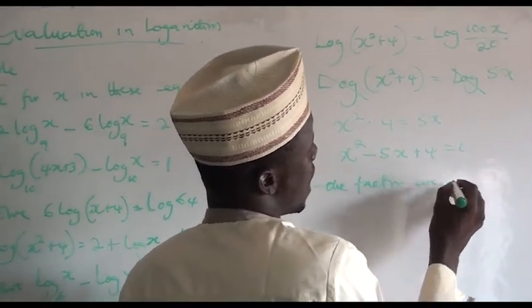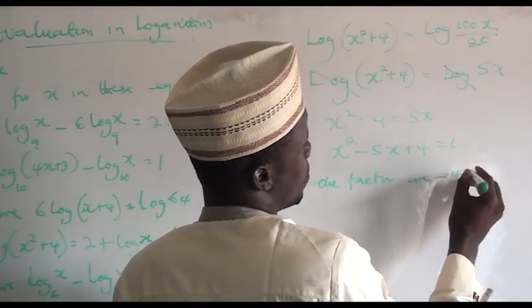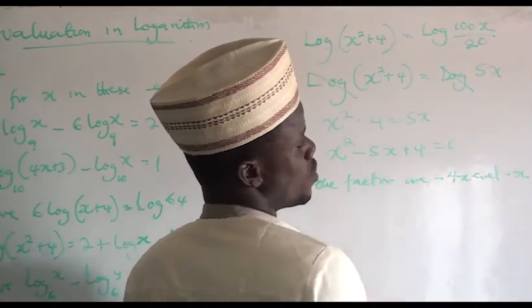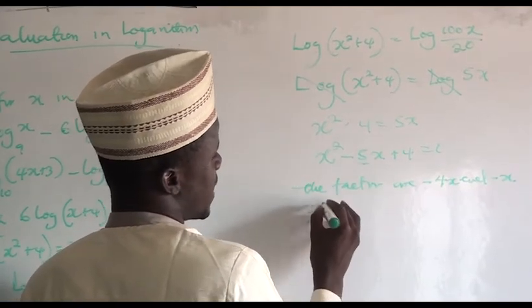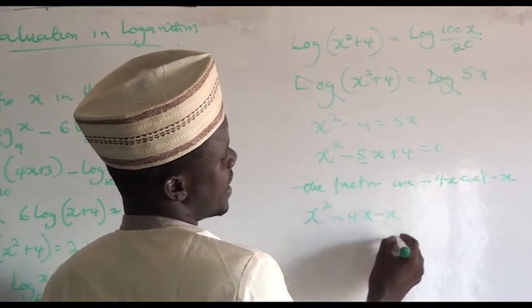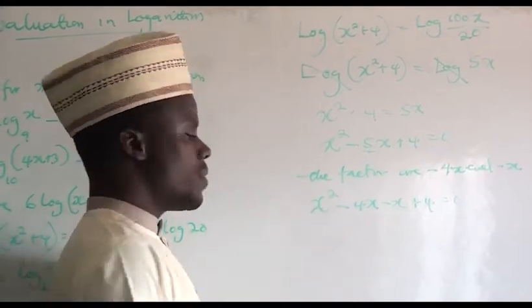The factors are, we can take minus 4x and minus 1x, which is x. So we put it in place: x squared minus 4x minus x plus 4 equals 0. Take a pair.